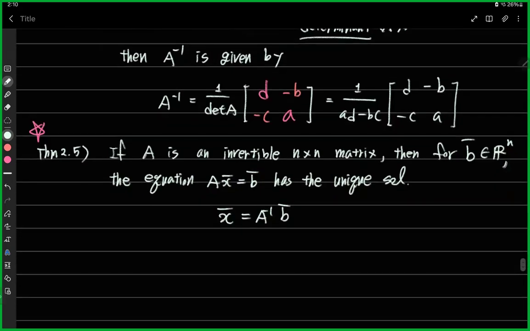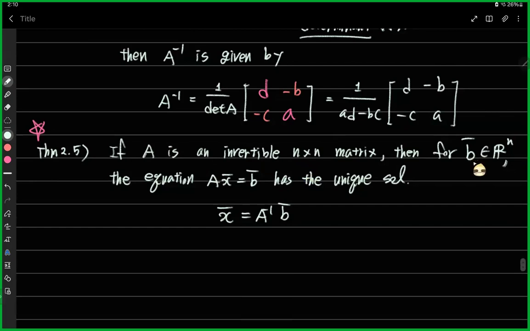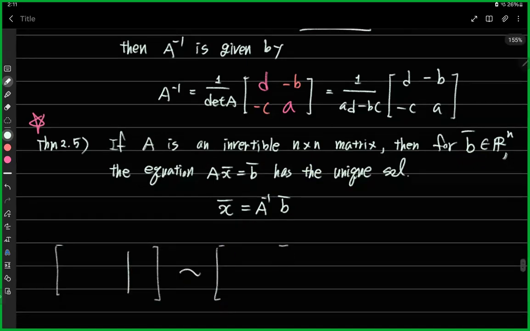Before we prove this, look at it. A is invertible, then for any B bar there exists a unique solution. Not only does a solution exist, but it is unique. What does that mean? In chapter 1, for a given B, we constructed the augmented matrix and row reduced to echelon form or reduced echelon form.